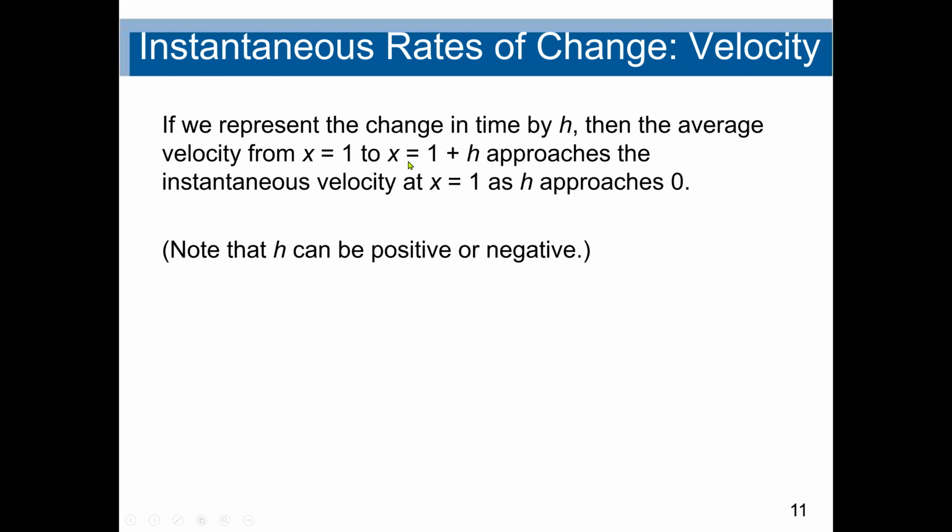If it's 10 minutes, we start from 1 minute, so h will be 10, so it will be between 10 to 11. And it approaches the instantaneous velocity at s equal to 1 as h approaches 0. But as we said, h can be positive or negative value.